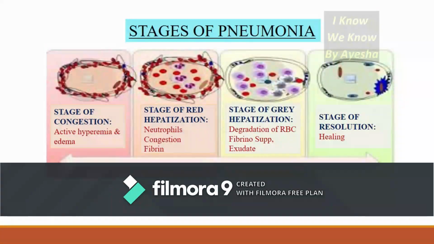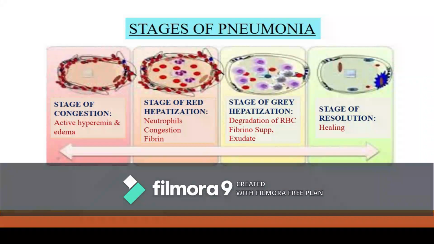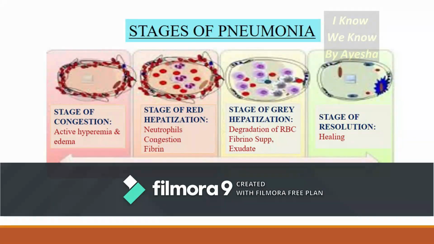Coming to the stages of pneumonia, pneumonia does not occur directly as pneumonia. It follows stages. The first is congestion, then the stage of red hepatization, the second stage where neutrophils, more congestion and fibrin tissue form in the lung, followed by gray hepatization of the lungs.